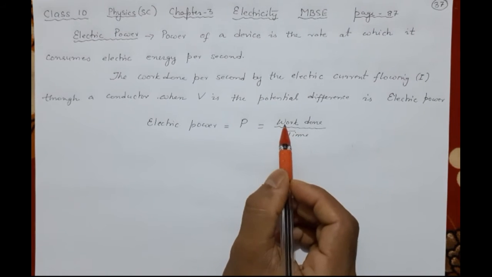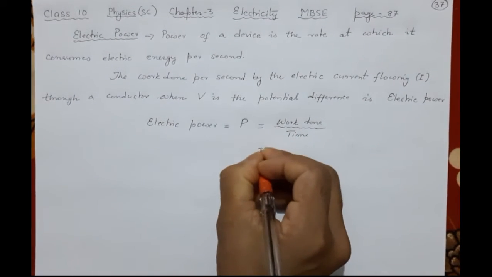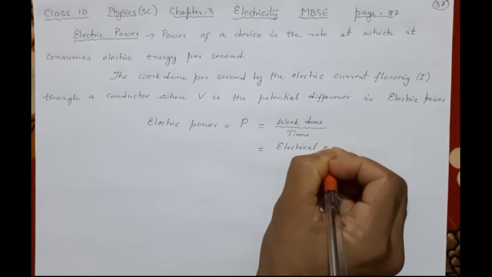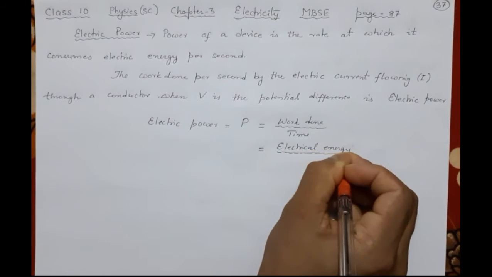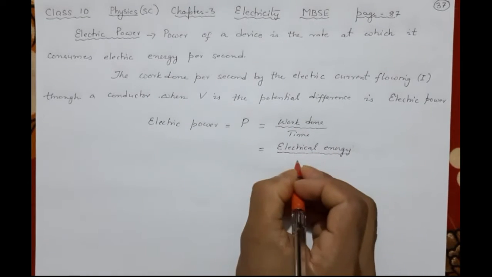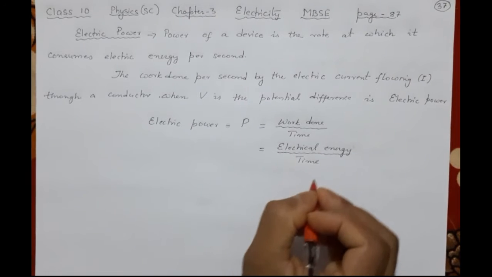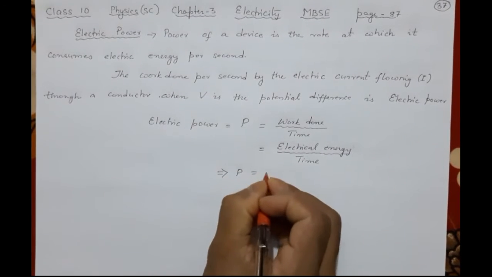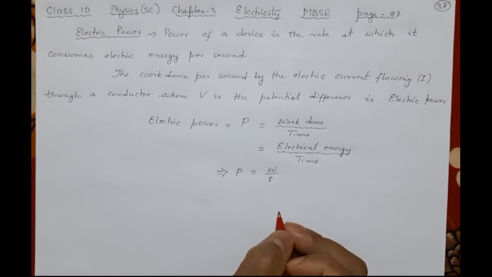Now you know that work done is nothing but the electrical energy consumed, so in place of this we will write electrical energy. Their units are the same, you know that both are joule. So electrical energy is nothing but that work done, and the time it has taken in consuming that electrical energy. So symbolically I can write P is equal to W by T. This is the expression for power.